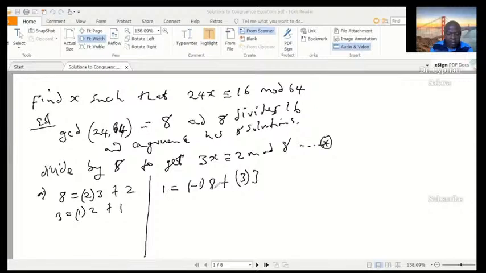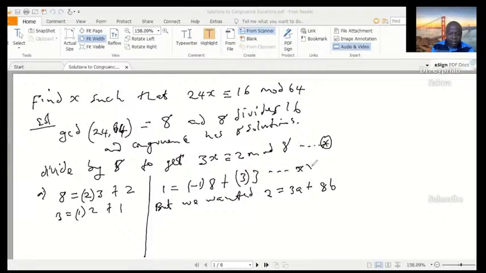Now once you have this, what we wanted was something like 2 is 3a plus 8b, where a will be the solution to this star. So when I multiply this by 2, I would have what I want.